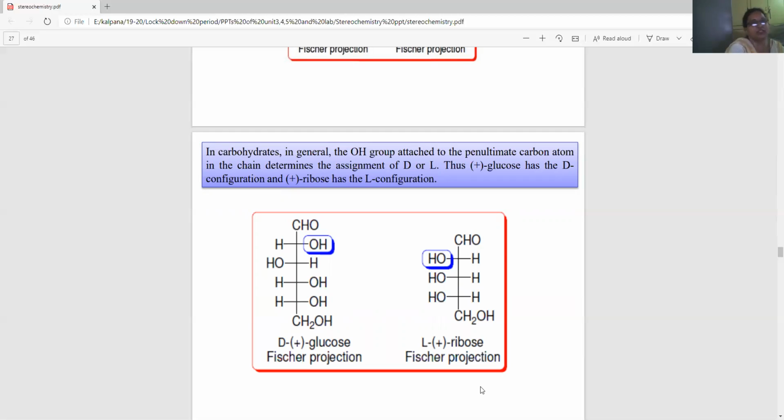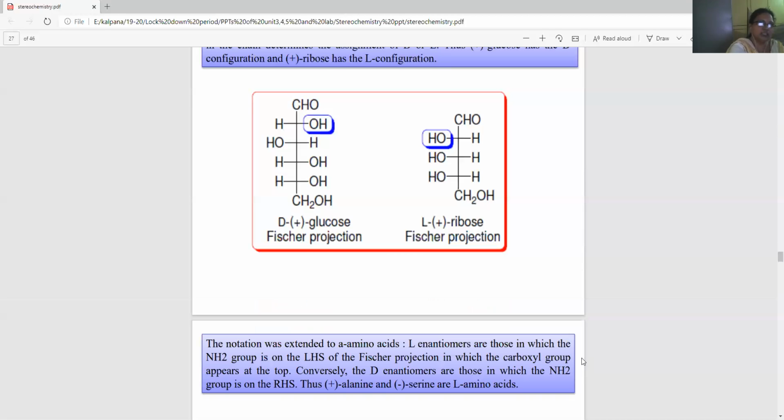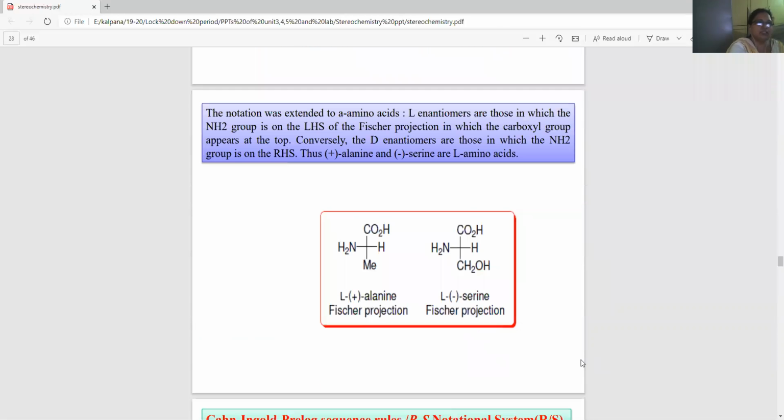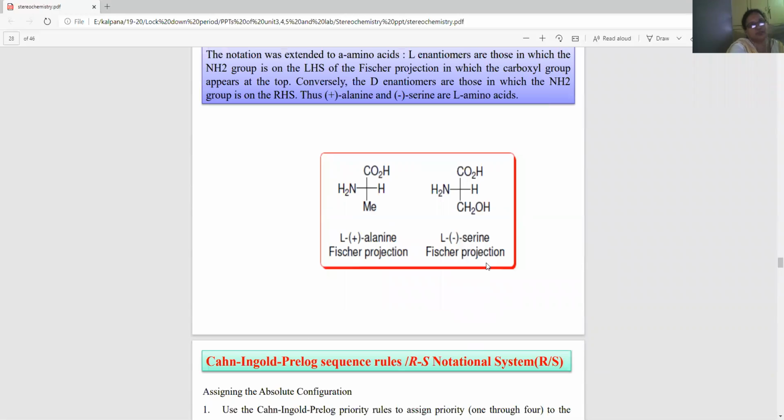So if you can see here, because the penultimate carbon is having OH on the right hand side, it is given as D. And here it is on the left hand side, so it is given as L configuration. So just keep in mind that if the penultimate carbon is having the OH group on the right hand side, then it is given as capital D. If it is on the left hand side, then it is given as capital L.